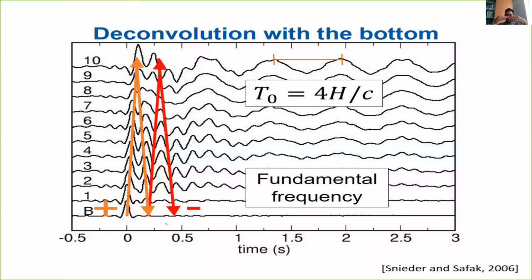When you have a change from, let's say in this case, a lower impedance to a higher impedance, then the reflected wave will start with a different polarity. This is generally what you expect also from seismic and from the wave propagation due to the tension and the stress generated in the material. So it's nothing strange. In this case, it only means that here we had at the basement an impedance contrast between a smaller impedance and a larger impedance of the material. Okay. Thank you.